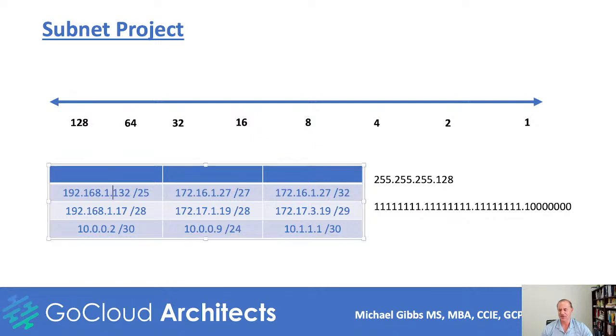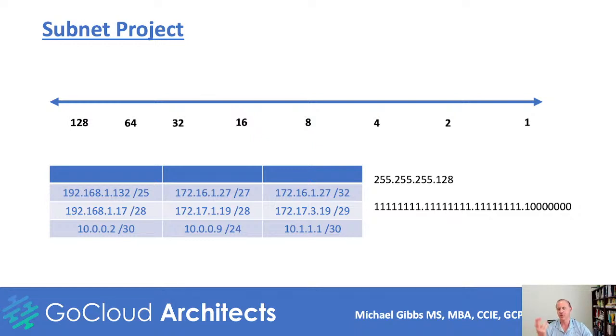132 is the address that you guys were given, right? What's it divisible by? Is it divisible by 128? Yes, with change, right? Is it divisible by 128 plus 64? No. So the subnet's going to begin by what it's divisible by. 132 is divisible by 128, and it gives you like 1 point whatever and change. So that's your answer.